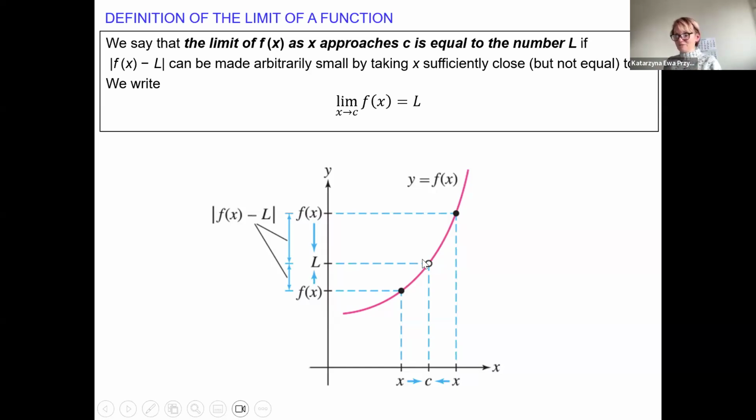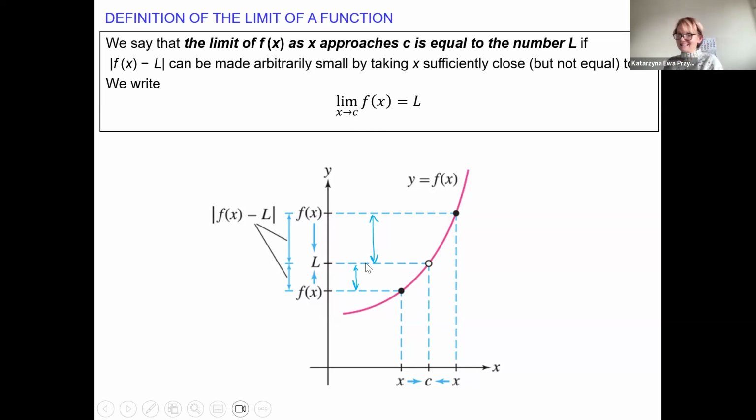We can see that if the difference of the function and that limit can be made arbitrarily small by taking x sufficiently close to the value c, but not equal to c, then we can say L is the limit.